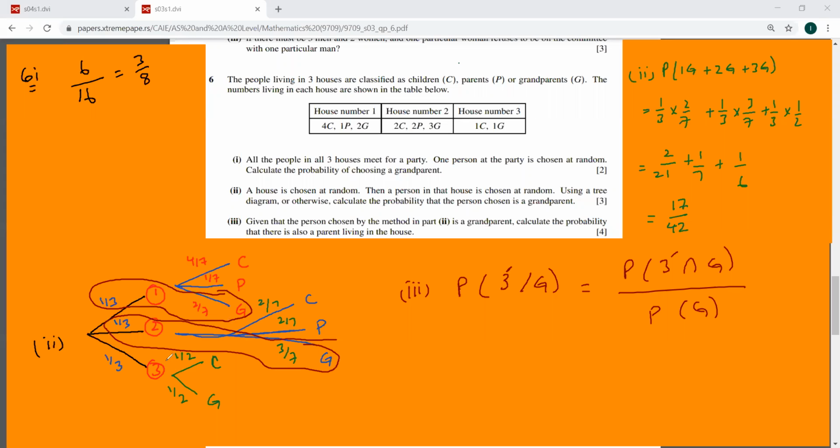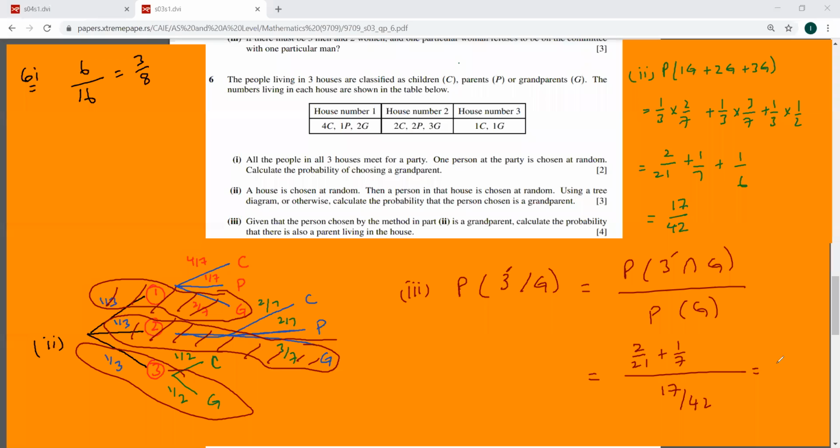And this also has to be considered; obviously, that will go in the denominator. This is 17 over 42. Out of these three cases, we are going to consider these two out of the total. So I'll be writing here 2 over 21 plus 1 over 7.